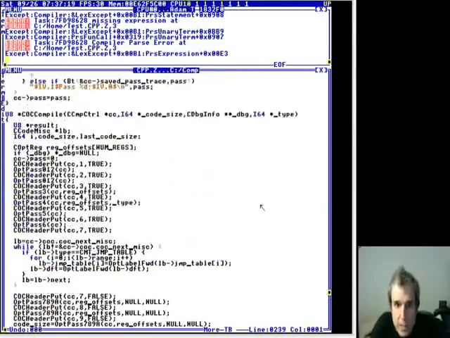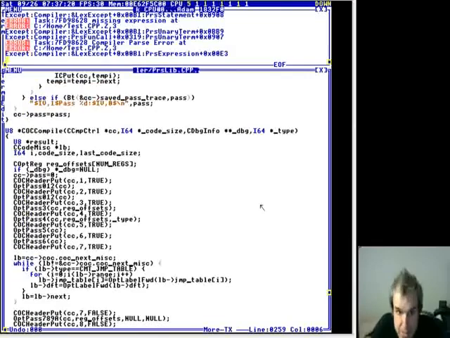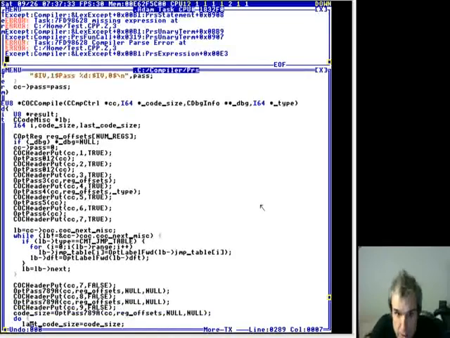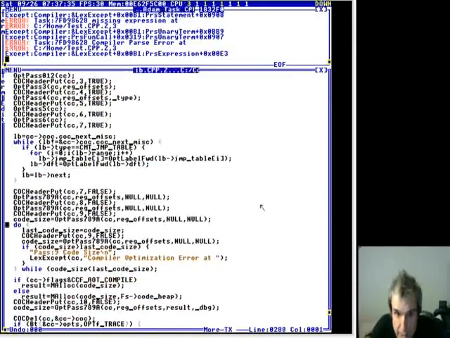So it calls the different passes, one per file. There's a file for each of the passes, and then the last pass loops over and over as long as it's able to shrink it more and more. So you can actually see that logic here. While the code size is less than the last code size, we do that last pass.